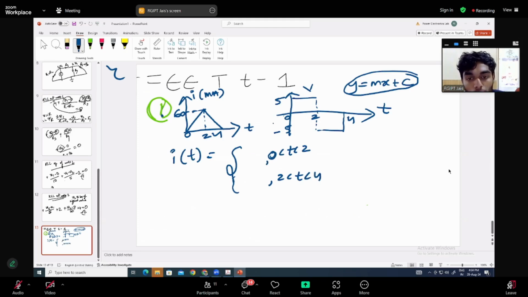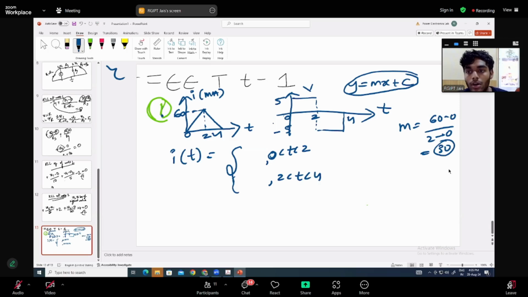See here, in the interval 0 to 2, y equals mx plus c. You have to use this equation. The slope can be calculated as 60 minus 0 divided by 2 minus 0, that is equal to 30. So the value of m is 60 minus 0 divided by 2 minus 0, which equals 30. It's a positive slope.